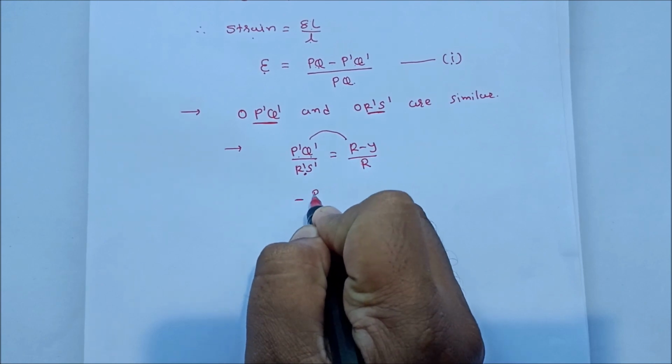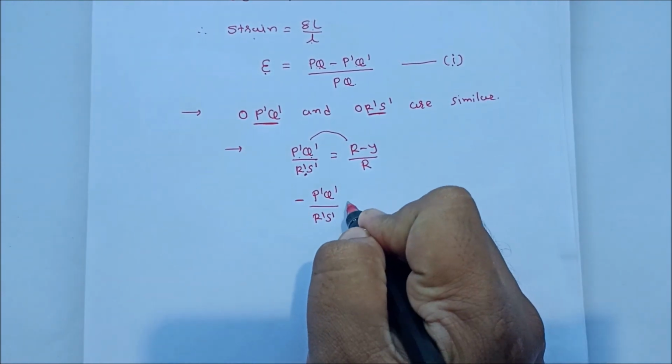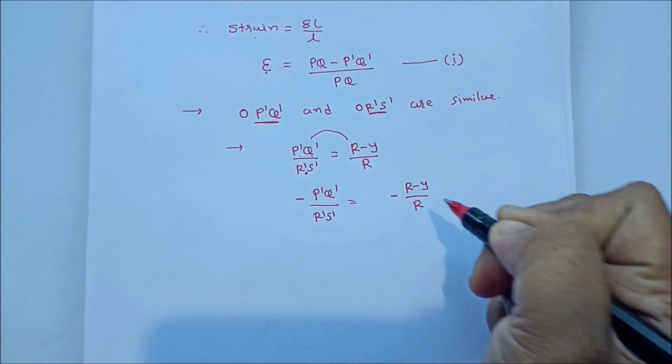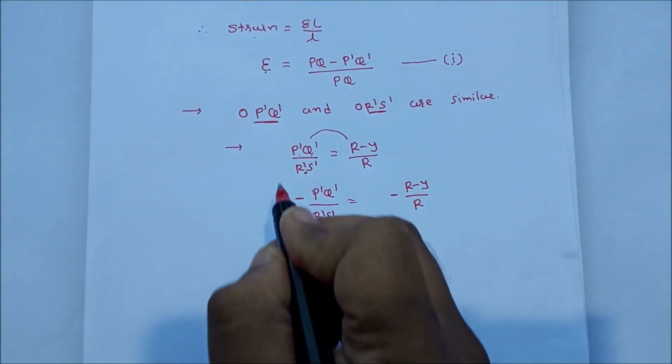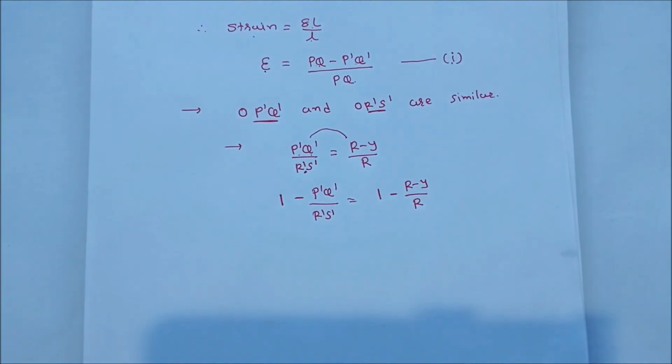So we multiply by minus sign on both sides. So minus P dash Q dash divided by R dash S dash is equal to minus R minus Y divided by R. Then we add plus 1 on both sides. Now take LCM.